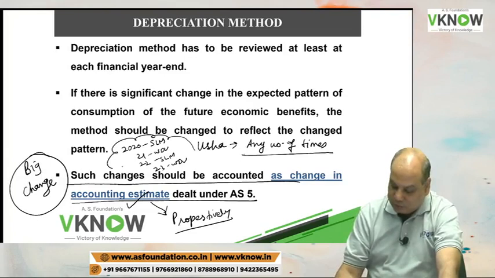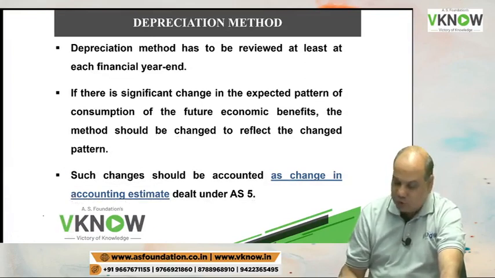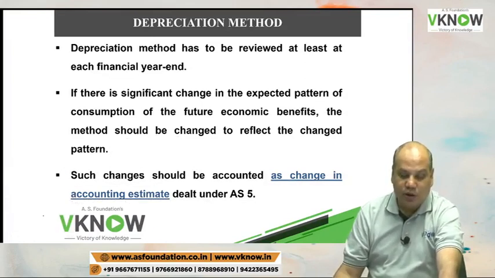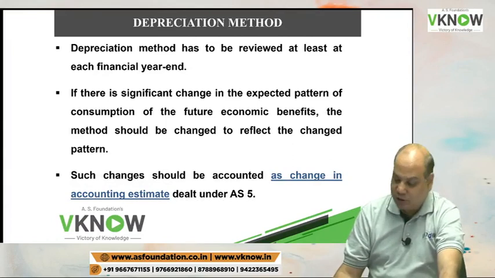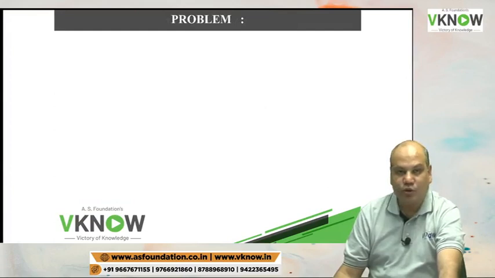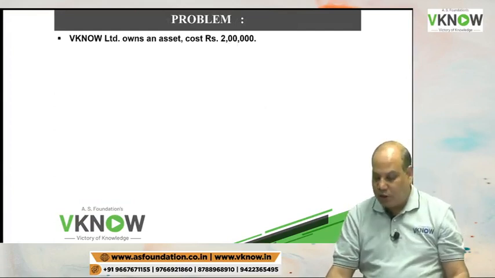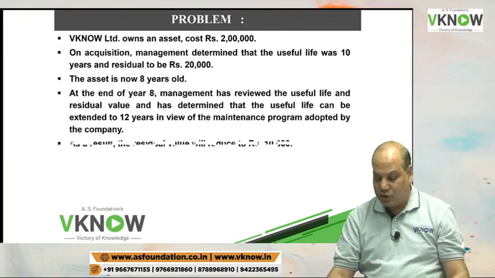But then your auditors are going to ask you the question, your shareholders are going to ask you the question, and then you have to justify them, why are you changing every time? So it's not very easy. Theoretically it seems okay, practically company won't change much. Nobody has so much time and energy to do that.